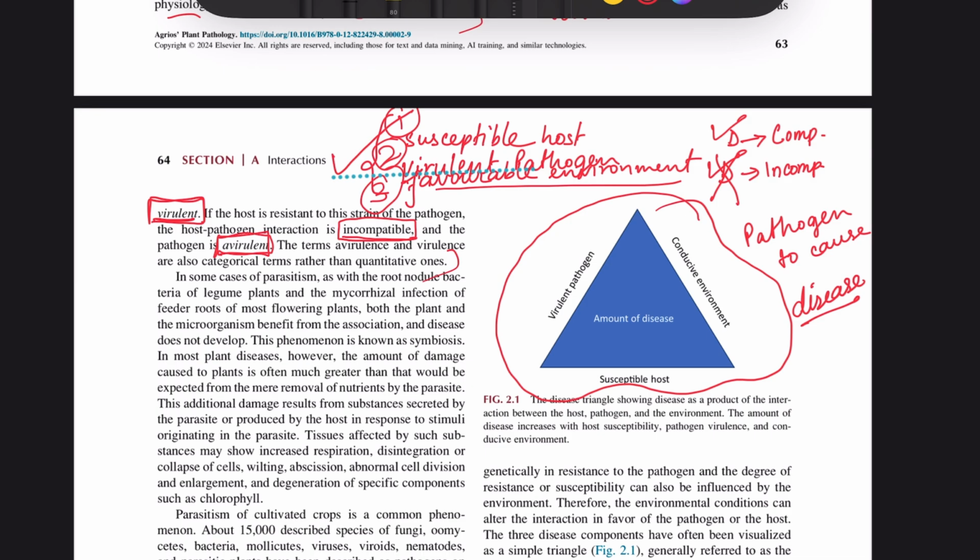If 1 and 2 are there, 3 is not there. If 1 and 3 are there, virulent pathogen is not there. Favorable environment and susceptible host are there. Again, any of the three: if one does not coincide with the other two, disease will not occur.